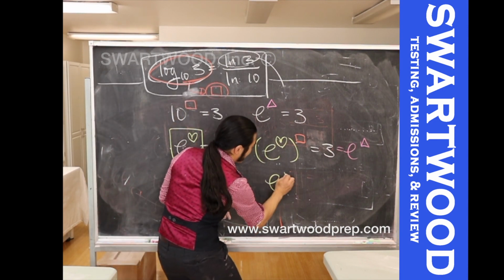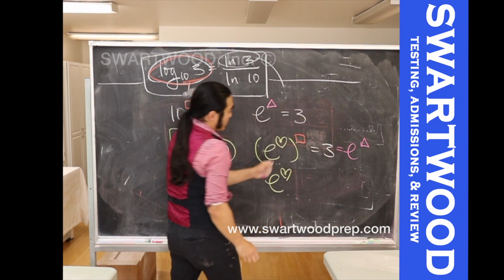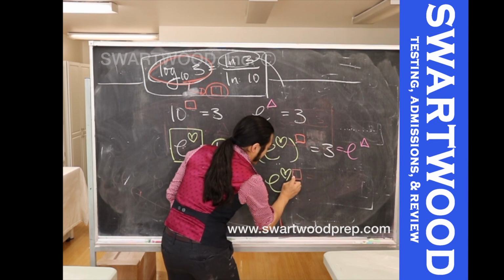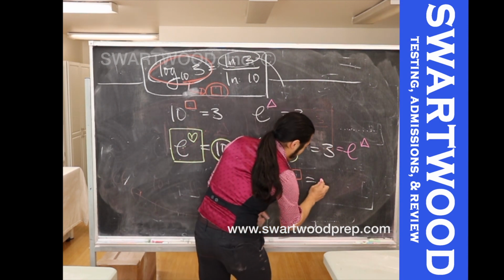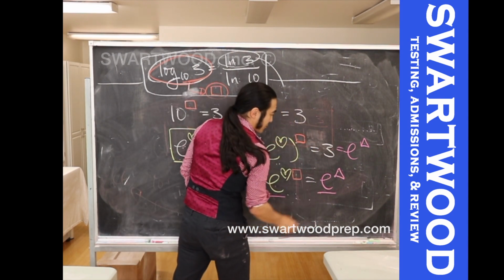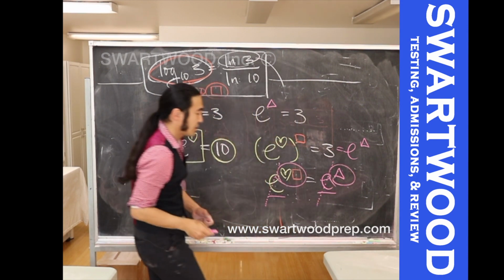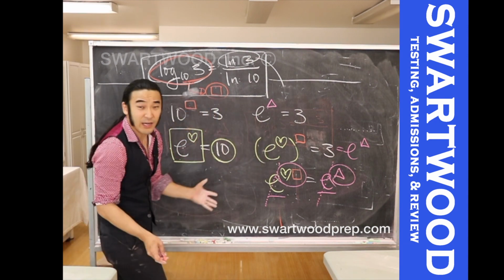So when you take e to the heart raised to the square, you just multiply. So you get e to the heart times square is equal to 3, but 3 is e to the triangle. And since the bases are the same, these guys must be the same. Okay, but heart times square is triangle. No big deal, right?